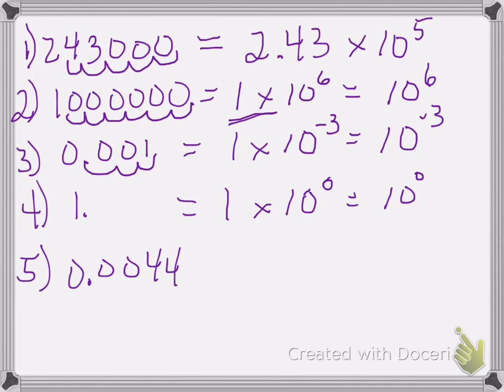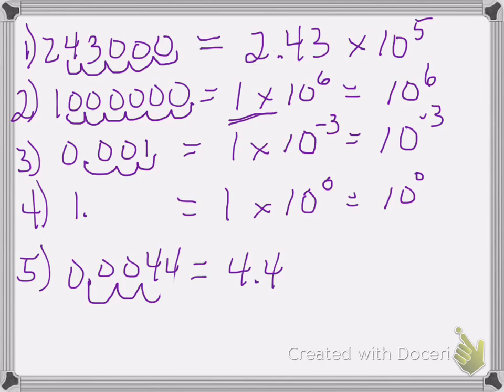And then the final one is the last one. In that one, I'm going to make it look like a 4.4. I have a very small number here compared to 1, and so I have to move this decimal point 1, 2, 3 spots. Whoops, sorry about that. I don't want to move it that far. I want to make it look like 4.4, is what I set out to do. And so there it is.